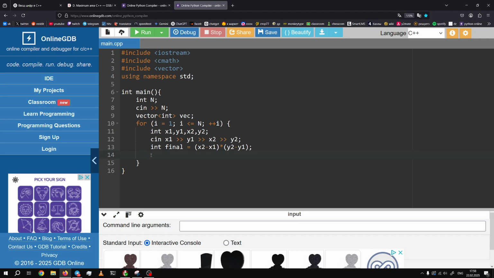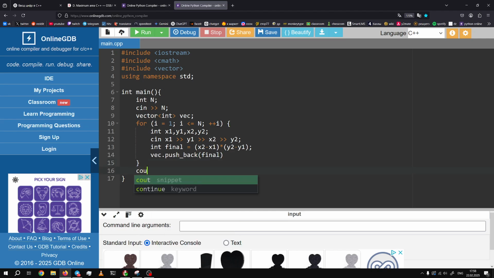And now let's add vec dot push_back final. So we add every rectangular in our array.